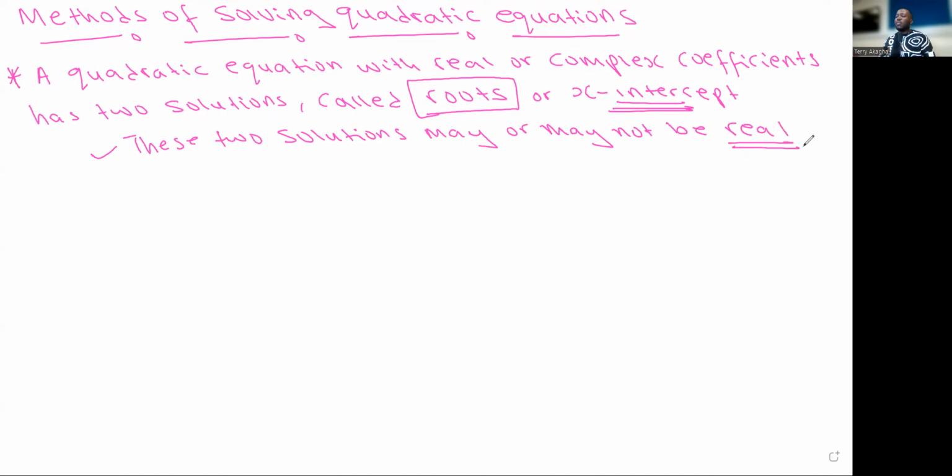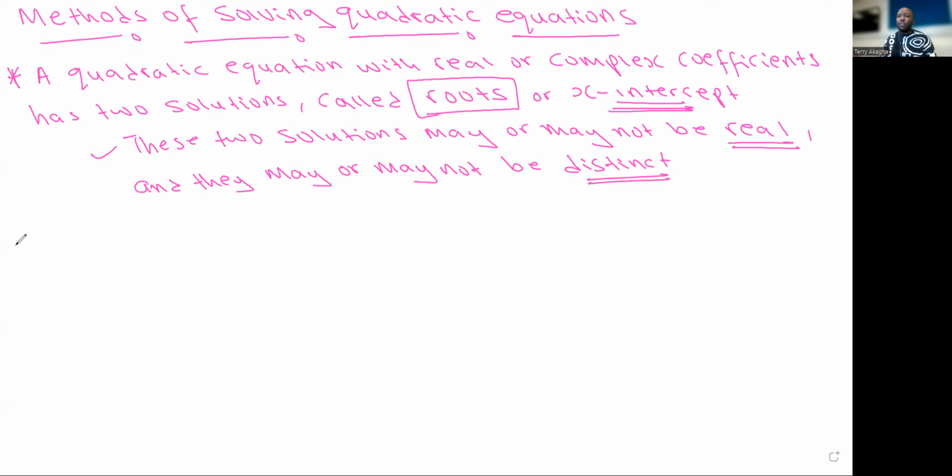I'm going to talk about that when we talk about nature and discriminants, and they may or may not be distinct. That means they may or may not be real, and they may or may not be distinct. I'll talk about this in the subsequent videos. We're going to talk about this later.